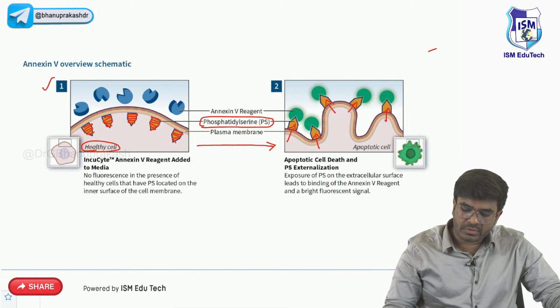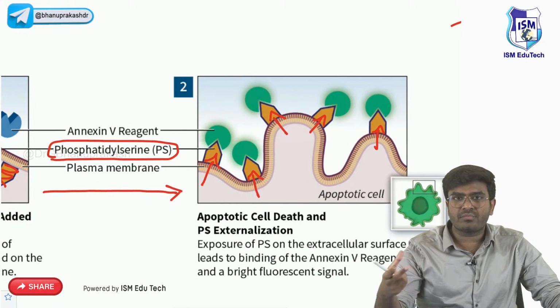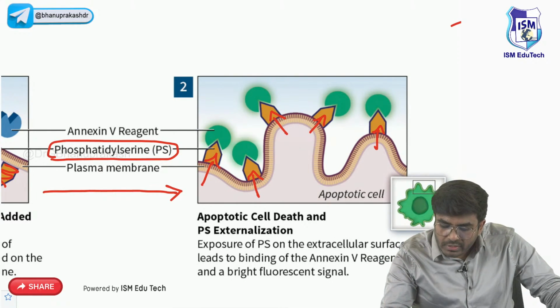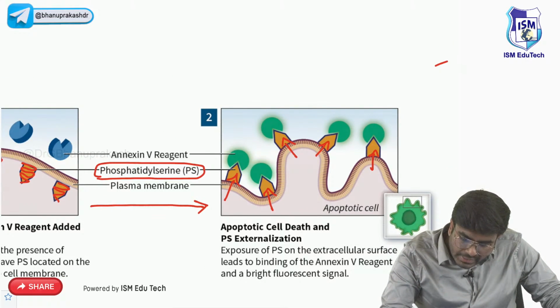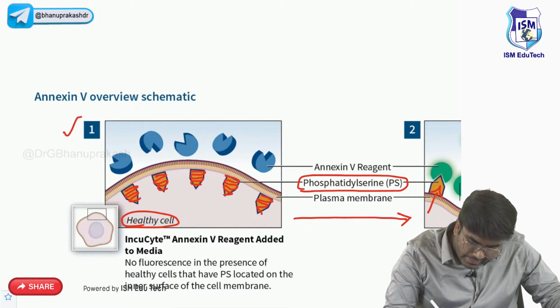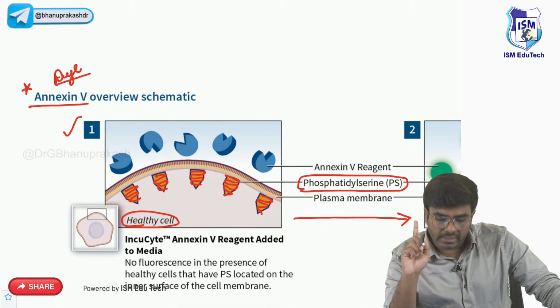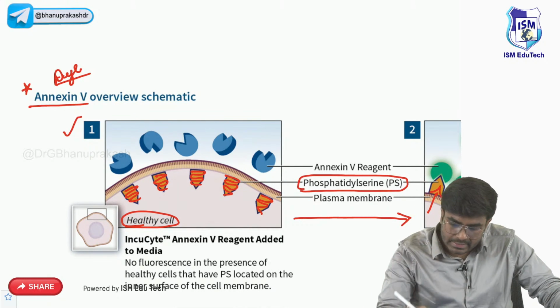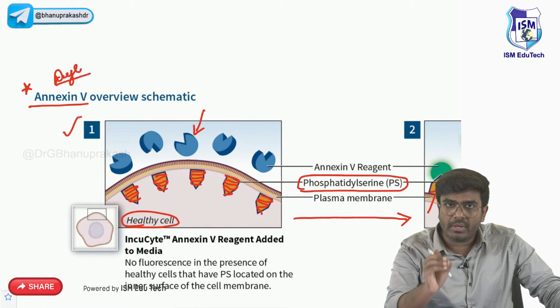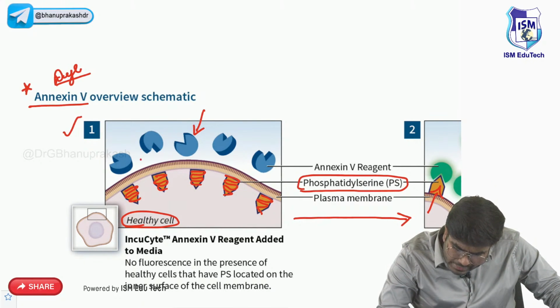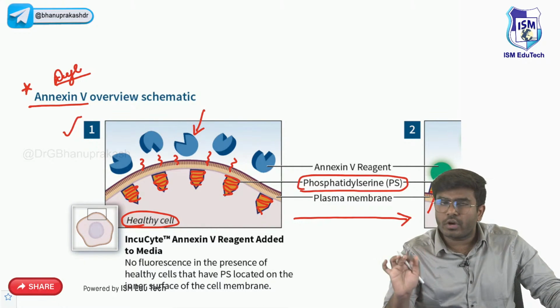But the important point is, we cannot simply look at the phosphatidylserine with our naked eye. So, what we can do is put a dye called annexin 5. Annexin 5 is the dye. It will go and bind with phosphatidylserine. In a normal cell, it cannot cross the cell membrane and cannot bind to the phosphatidylserine.